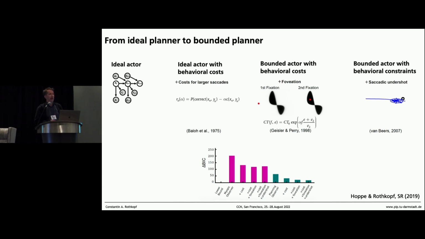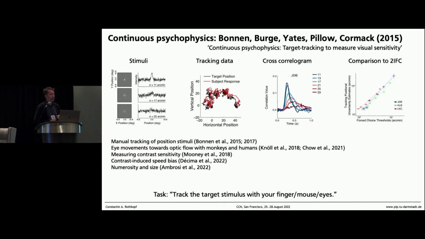We start from the ideal actor, but now we have more components to make the planning follow some constraints that are also known from the literature, so it becomes suboptimal, if you want to put it that way, because we implement these constraints in the planning. And in the end, as usual, we have to do proper model comparison, and in all cases, the planning model with and without the extension fared better at explaining the data that we had.